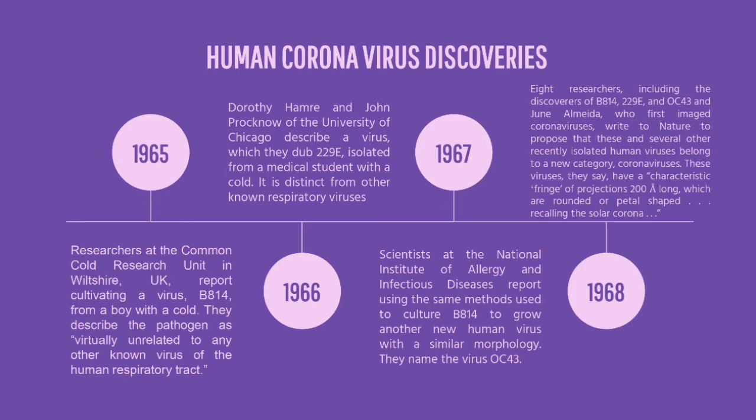In 1968, 8 researchers, including the discoverers of B814, 229E, and OC43, and June Almeida, who first imaged coronaviruses, wrote to Nature to propose that this and several other recently isolated human viruses belong to a new category, coronaviruses. These viruses, they said, have a characteristic fringe of projections 200 angstroms long, which are rounded or petal-shaped, recalling the solar corona.